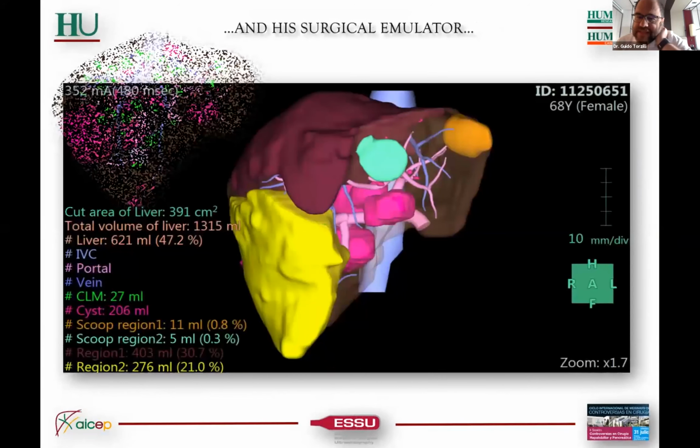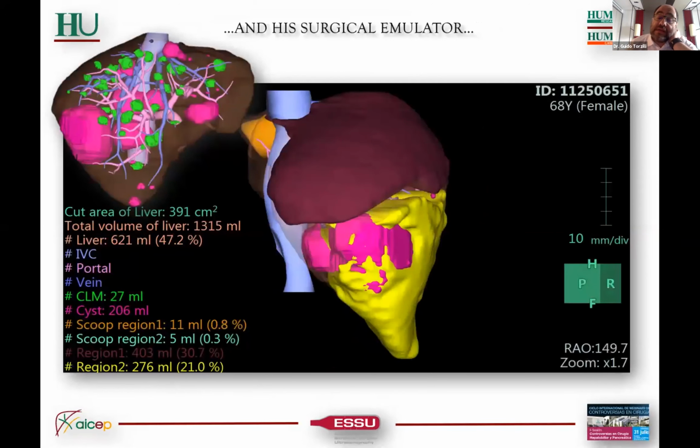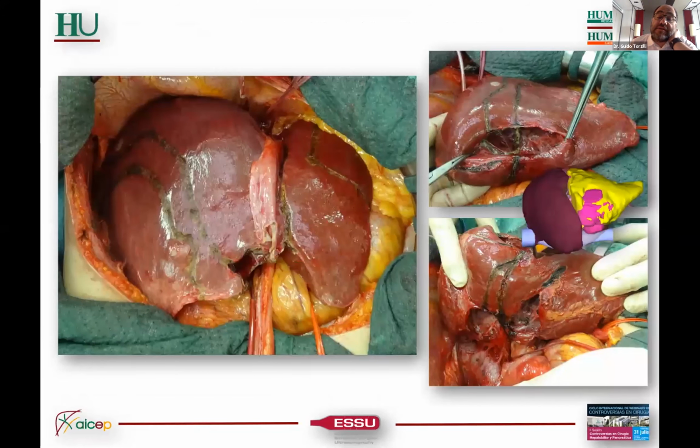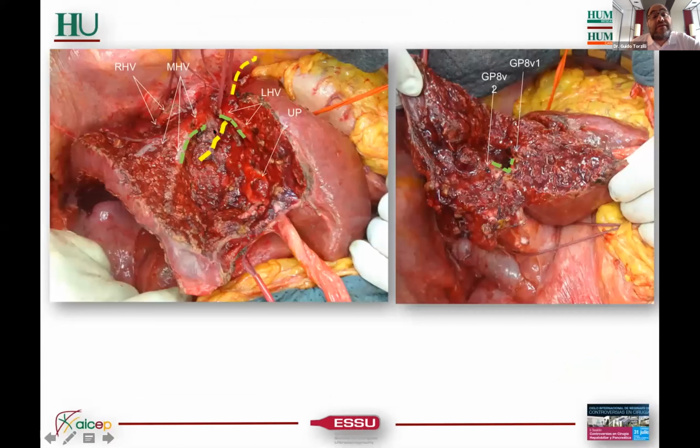This is the virtual cast of our operation, and this was the real operation. The cut surface is drawn on the surface, and this is, at the end, the removal of all the disease, the detachment. This is a tunnel in between the left hepatic vein and segment 2.